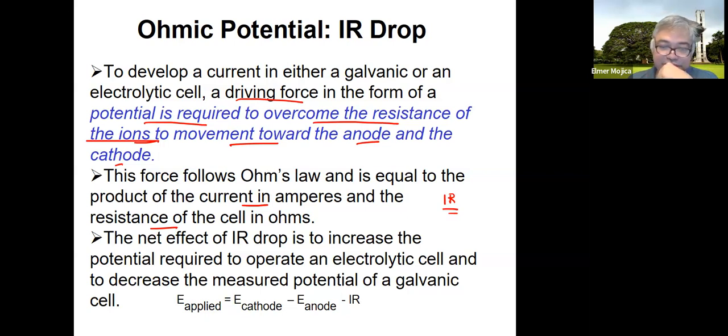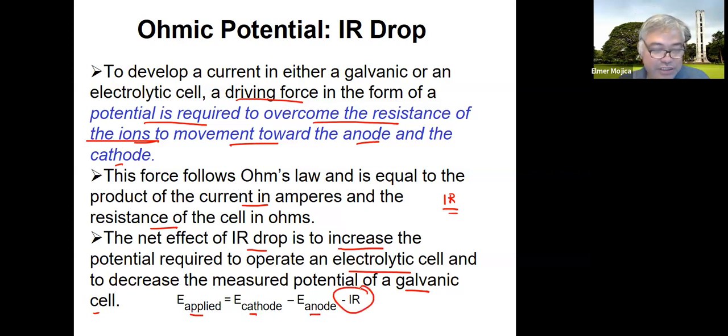Okay. So the net effect of the IR drop is to increase the potential required to operate an electrolytic cell and to decrease the measured potential of a galvanic cell. So that's where I base the answer to the question that I asked. So E applied equals E of the cathode, minus E of the anode, plus the IR drop.